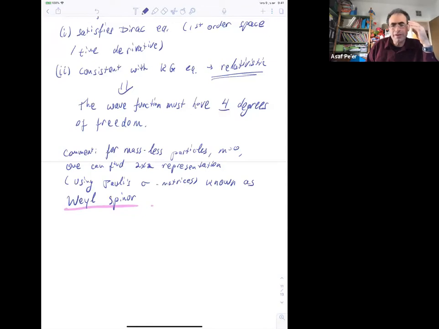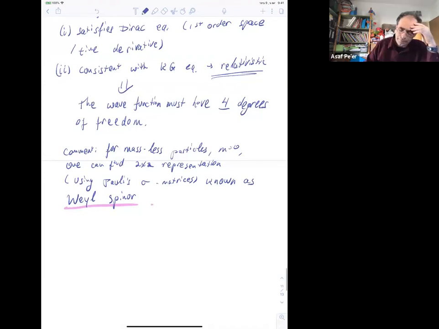Now, basically, we don't need to go further and specify which representation exactly we're going to use for the Dirac matrices. But we will do it because it's very convenient. We will have to use one if we want to do any calculation. So it's convenient to introduce the explicit form of alpha_j and beta.